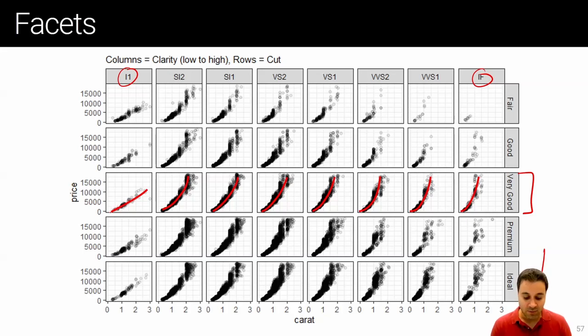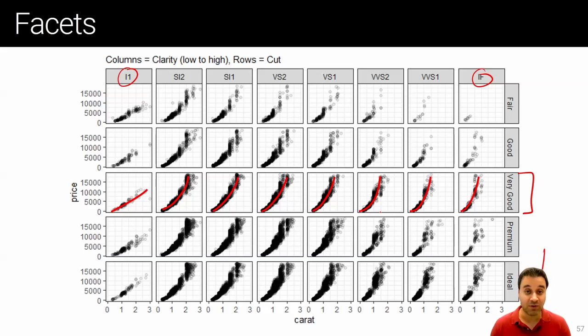But as you get more and more quality in terms of the clarity, you see that the relationship becomes steeper and steeper, such that if you have a clarity that is very high, IF, the price increases a lot faster with respect to the carat than in the other categories. So this is a relationship between carat and price that depends to a certain degree on the clarity.